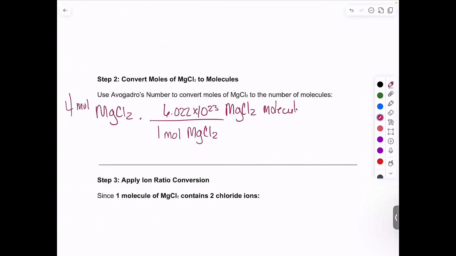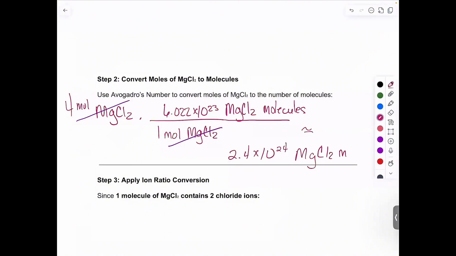And of course, we sometimes call these formula units, and we'll do that here. 4 times Avogadro's number. And always cancel your units. Beautiful. So we have 2.4 times 10 to the 24th MgCl2.